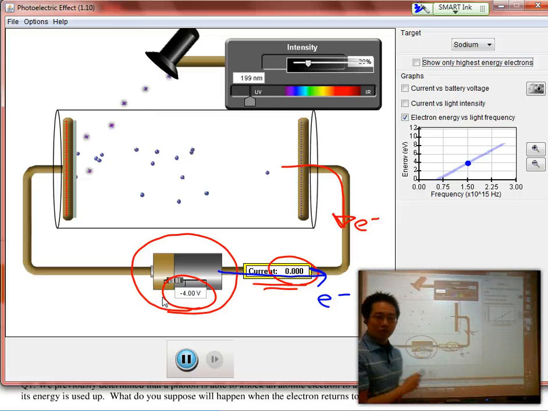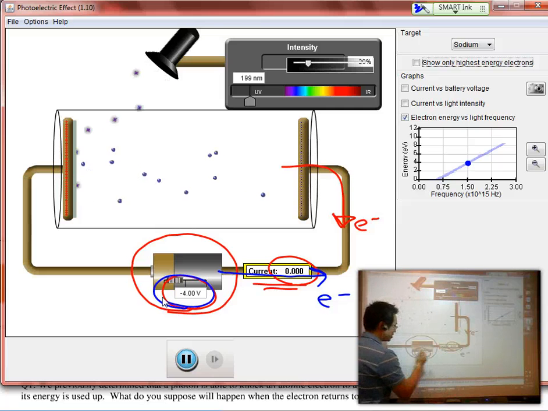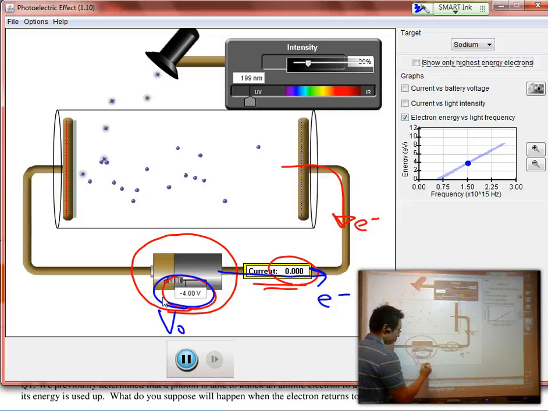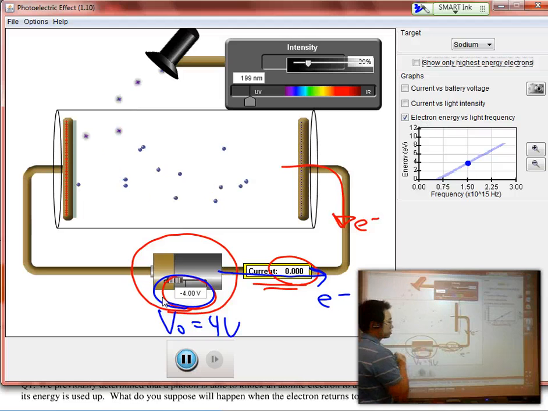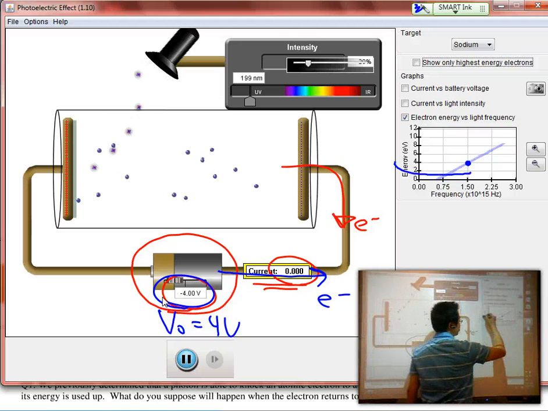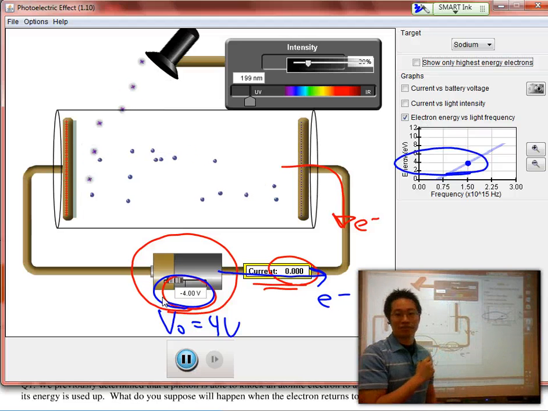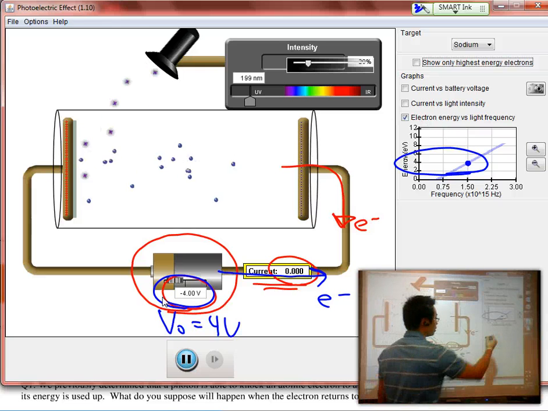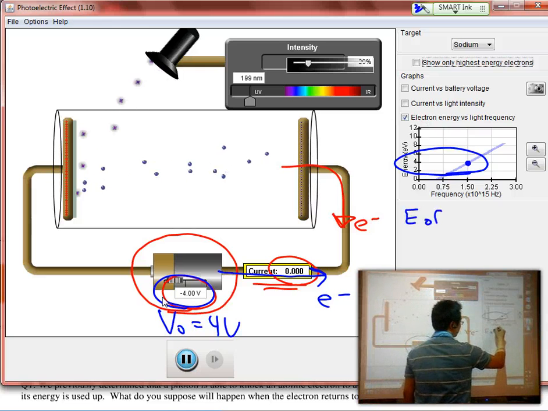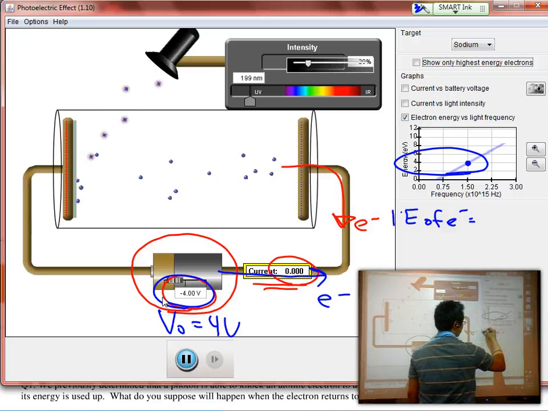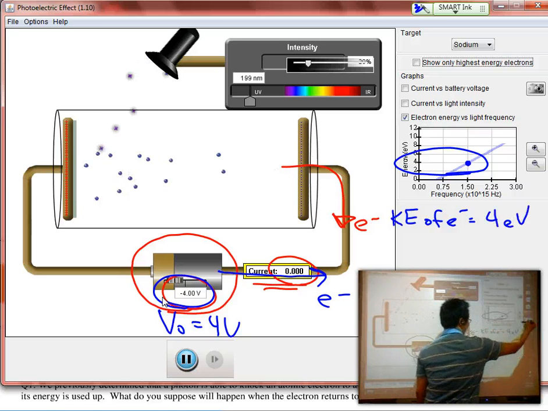But look at the number, 4 volts. This is the stopping potential. V0, the stopping potential, is 4 volts. Look at how much energy those electrons had: 4 electron volts.